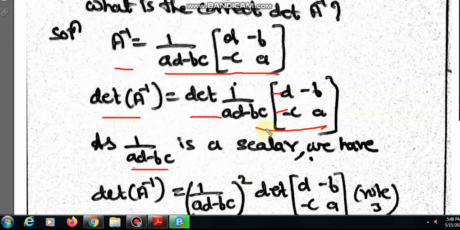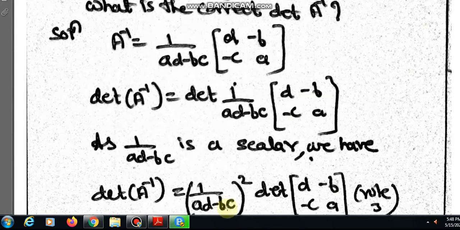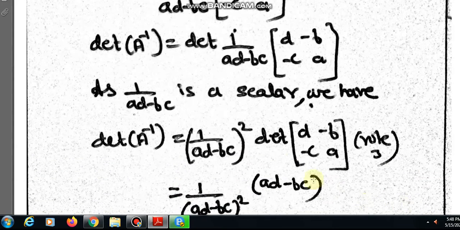So when I find the determinant being multiplied with the scalar value, that value is taken out for both rows. So this scalar is raised to 2 according to the rule. So rule 3, it becomes a square, and just find out the determinant of D A.